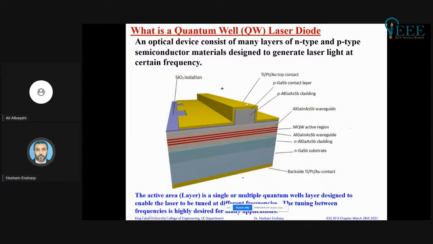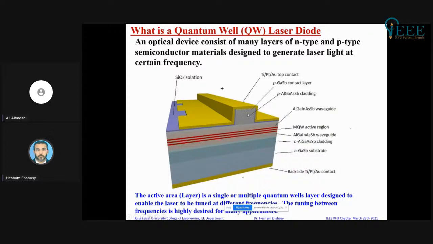So these are the stackings for a laser diode, which has many layers of N and P type layers. The top layers here are the P type, the bottom layers are the N type, and the middle layer here is what we call the quantum wells. Quantum wells come in different materials. You can see here, for example, gallium antimonide, aluminum gallium arsenide antimonide, and so on. So there are different types of material that people use.